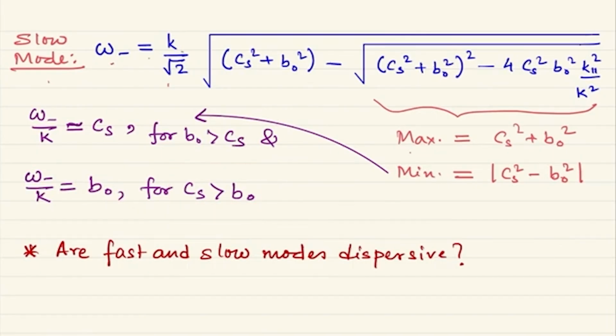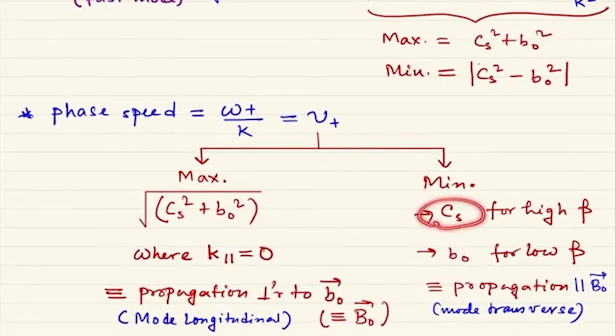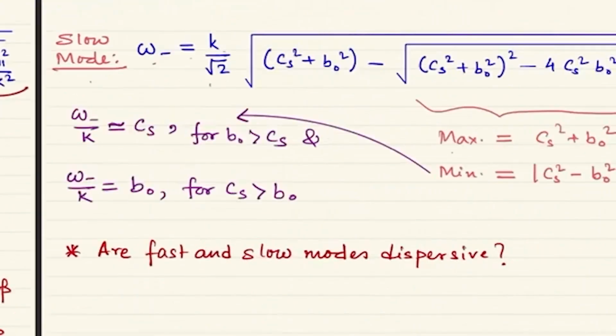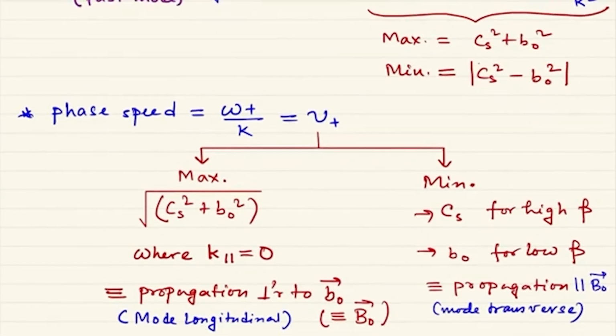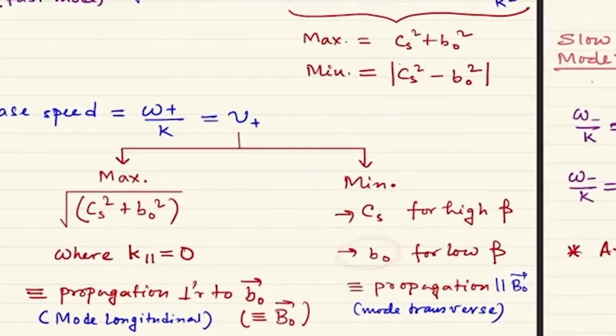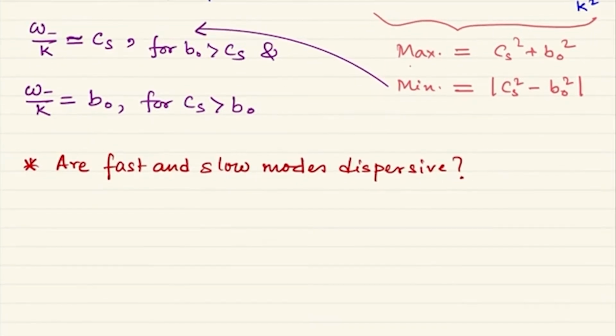So if your system has a high beta, the fast mode becomes acoustic, but the slow mode becomes Alfvenic. When your system has a low beta, the fast mode becomes Alfvenic, the slow mode becomes acoustic. Now my question to you to think: are fast and slow modes dispersive?